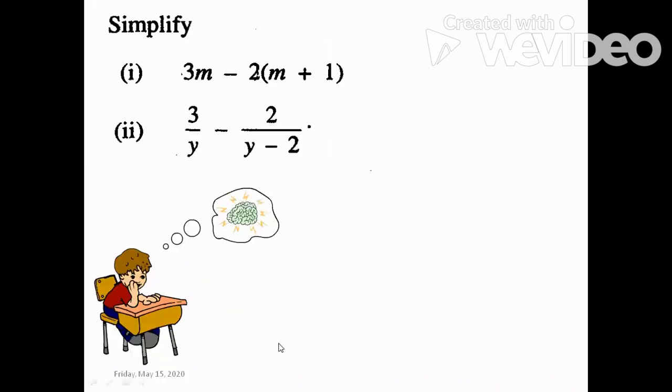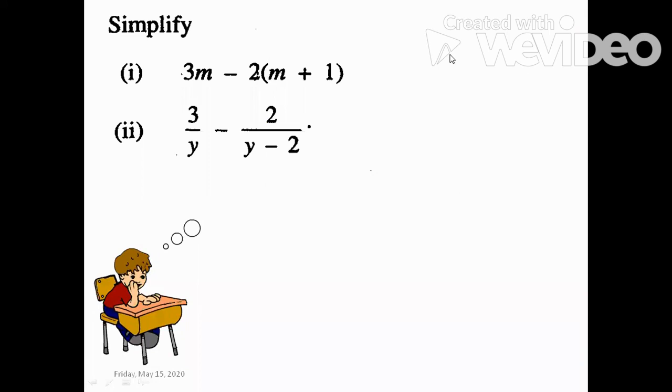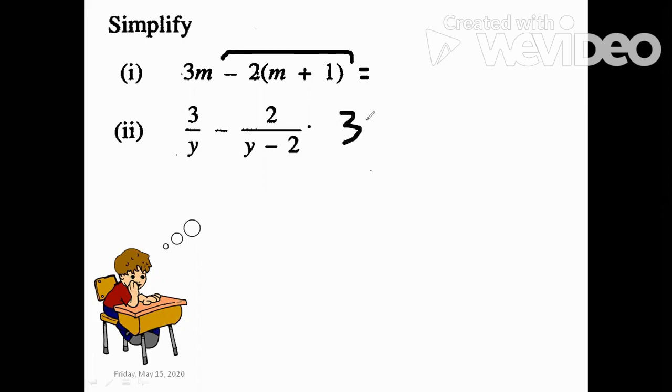Alright, so we're asked to simplify. The first one is pretty simple. We're just going to use the distributive law to work out this section here. So we have 3m subtract 2m, and that's 2 times m.